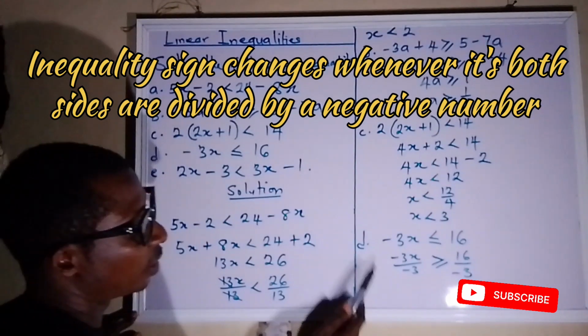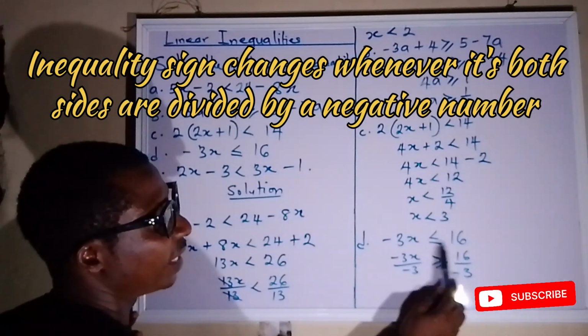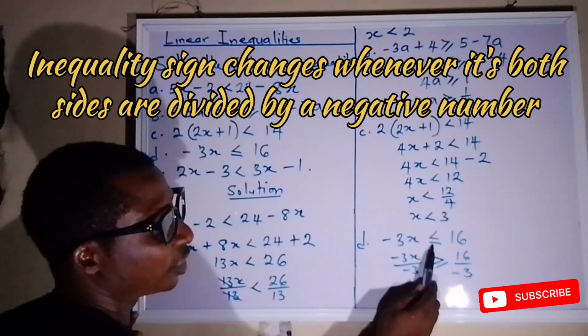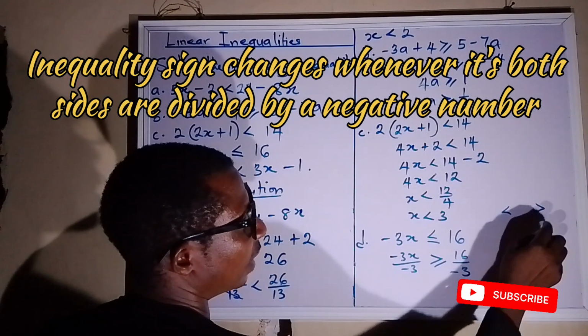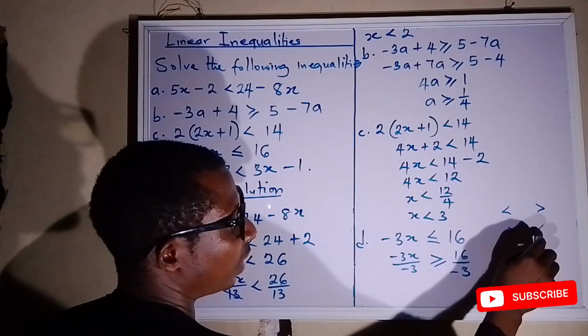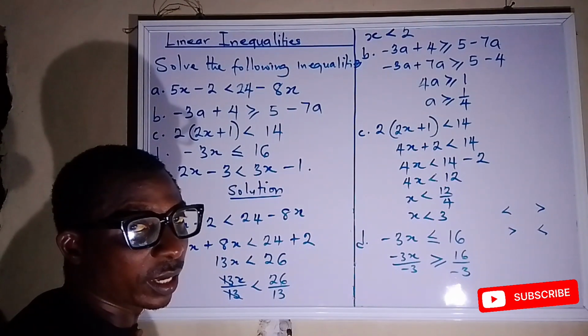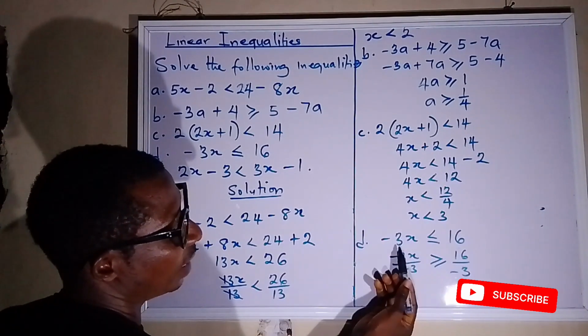I will come again. Whenever you are dividing both sides of an inequality by a negative number, this sign changes. So if it is less than, it will change to greater than. If it is greater than, it will change to what? Less than. Okay? So it's changing because we are dividing both sides by a negative number.